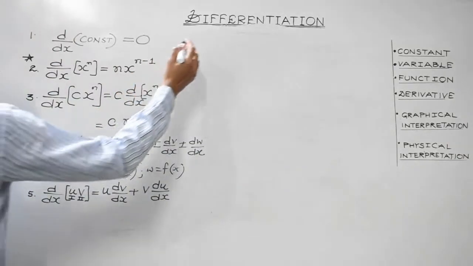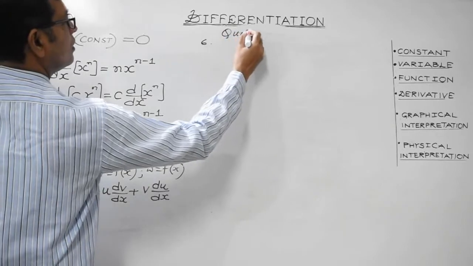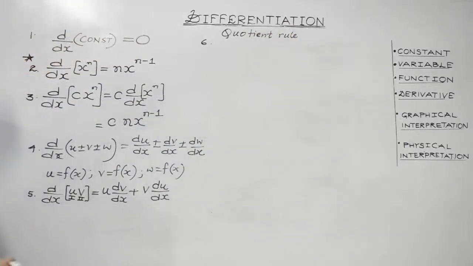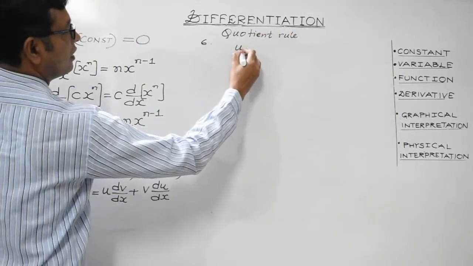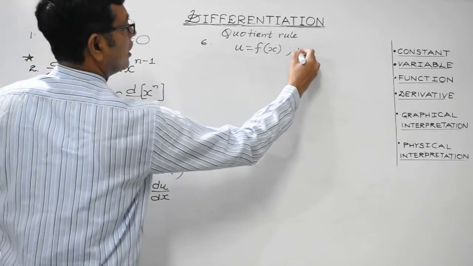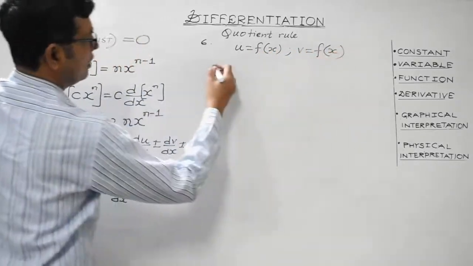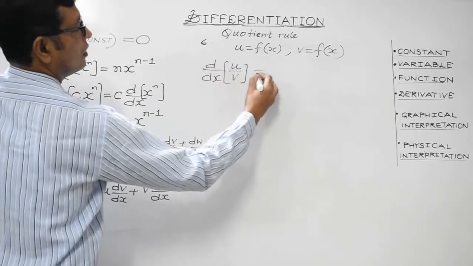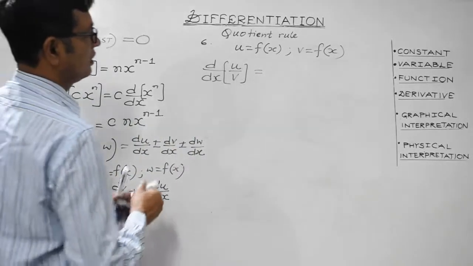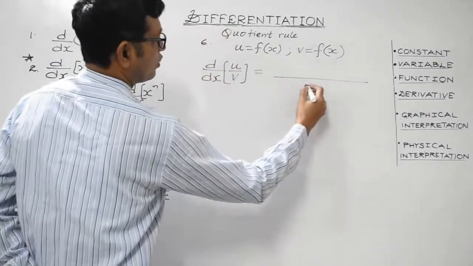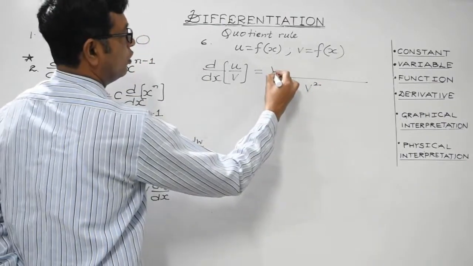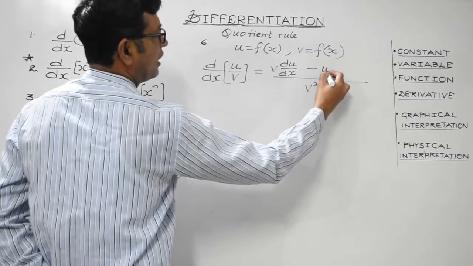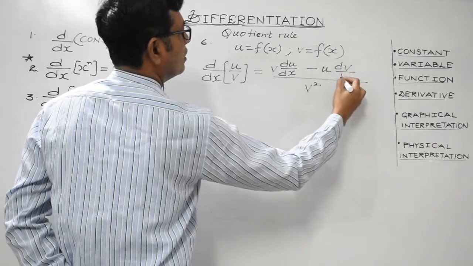So, last one is quotient rule. Again, let u is a function of x and v be also a function of x. Then differentiation of u by v would be equal to, like this, denominator square, then denominator multiplied by differentiation of numerator minus numerator into differentiation of denominator.